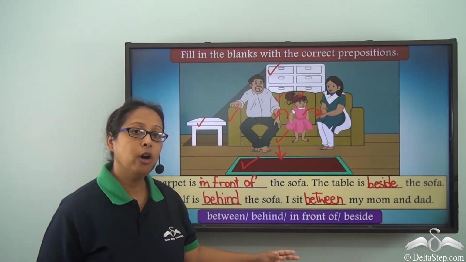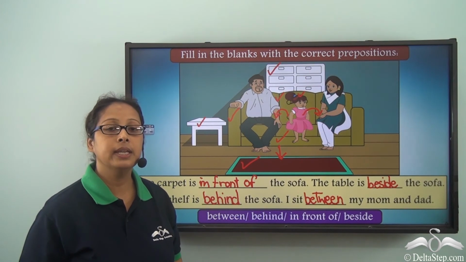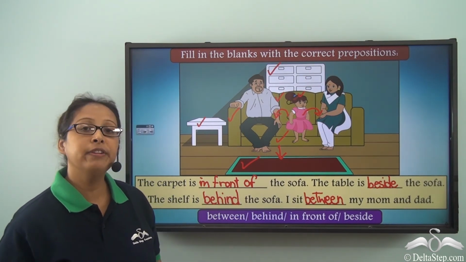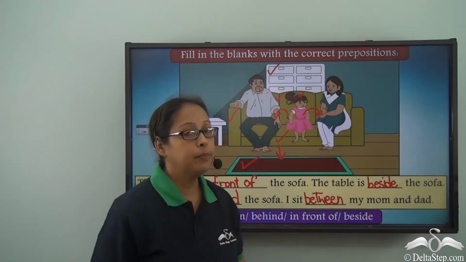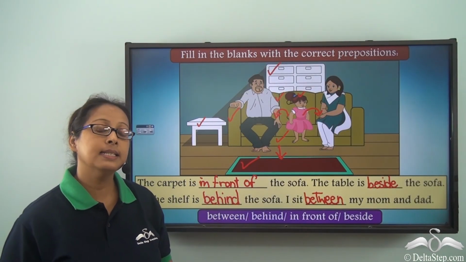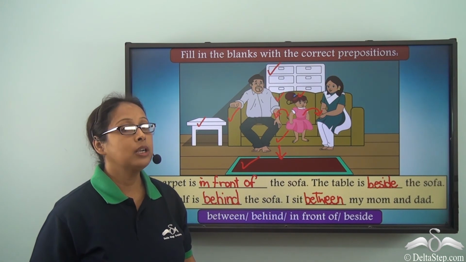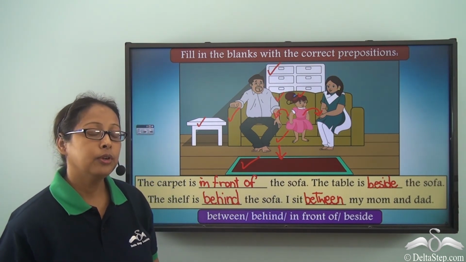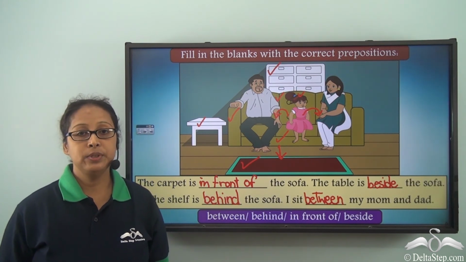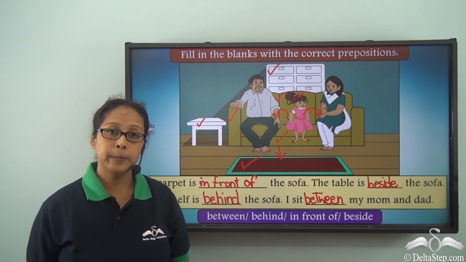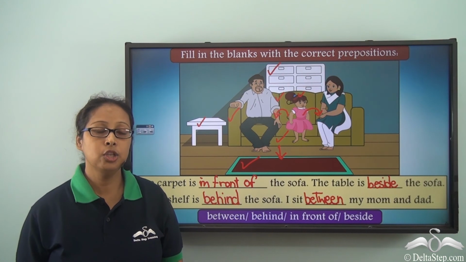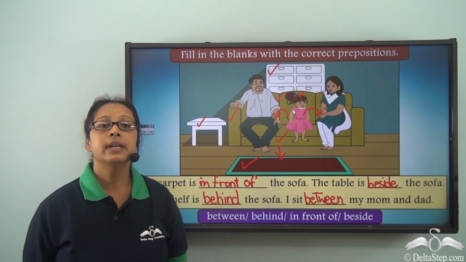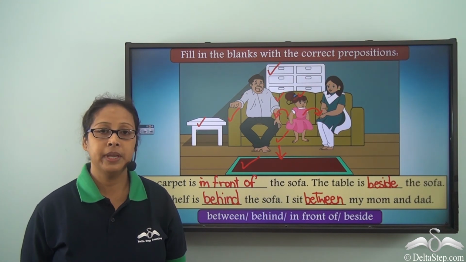In front of tells us something or somebody being ahead of us or before us. The preposition beside tells us somebody or something being at the side of. There are more prepositions which we will learn soon. You can try and use these prepositions in sentences of your own and see how many you can make.